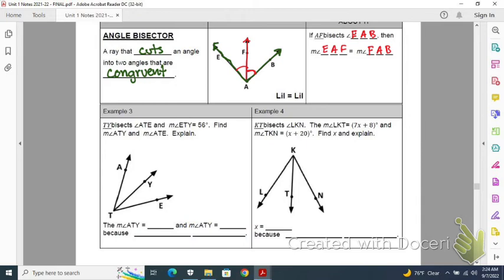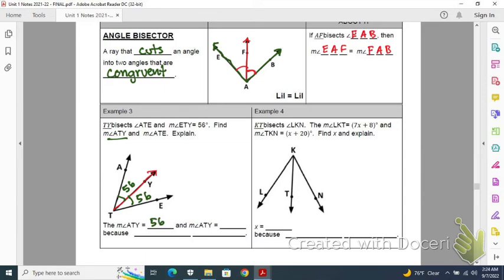Okay, let's go ahead and do two simple examples. So TY bisects EAT. I'm going to draw my markings. That means ATY is congruent to YTE. So if ETY is 56, find the measure of ATY. So let's go ahead and do that first. ATY is congruent, so this is also going to be 56 degrees.